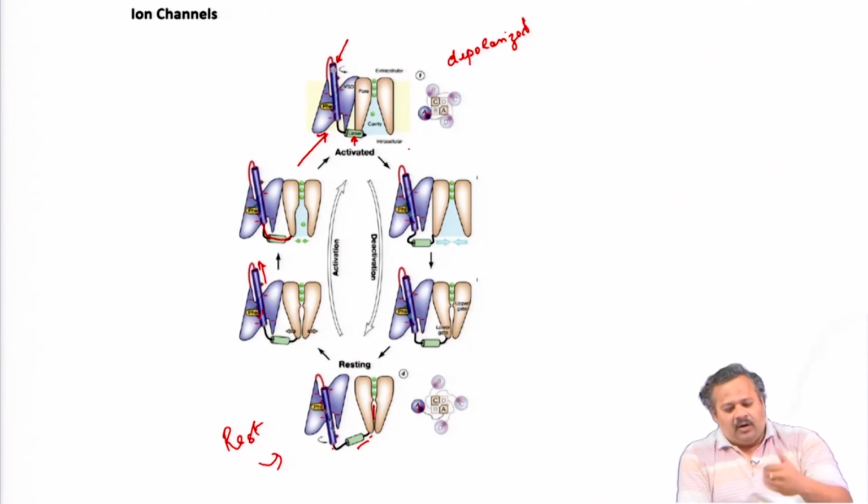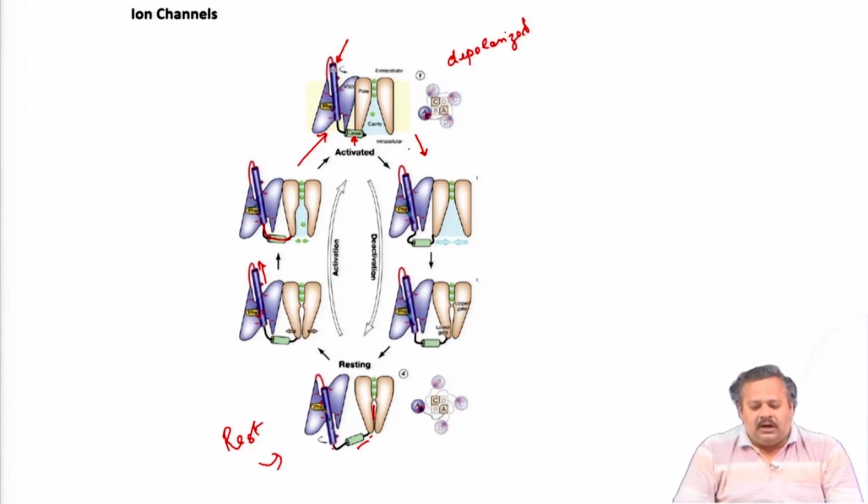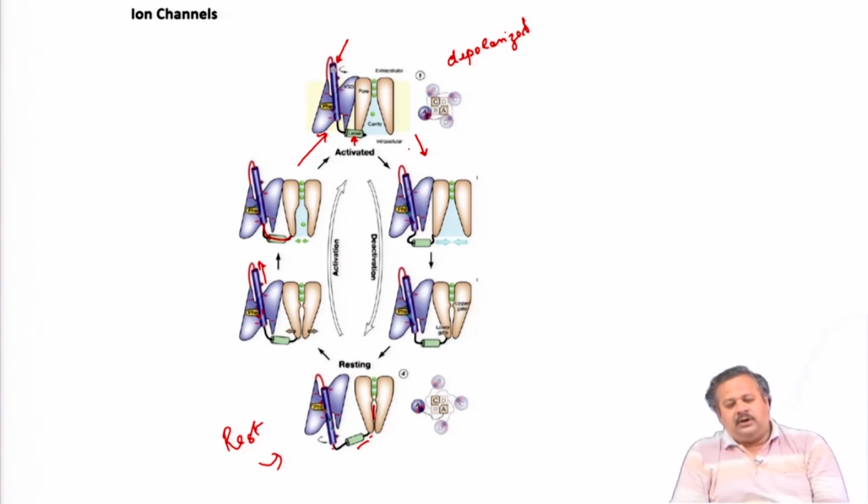Then again the opposite movement would occur if we now reduce the voltage and go towards lower and lower, and then back to the resting membrane potential, or even lower, when the ion channel is closed.